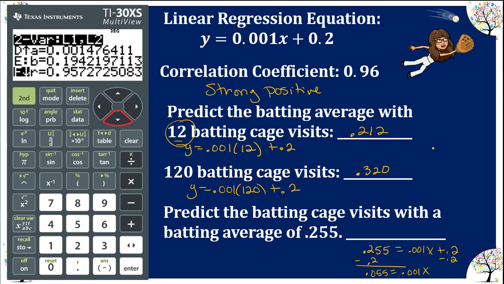Then we're going to divide. I want to come up here to show my work. So 0.055 divided by 0.001 gives us 55. So 55 visits will achieve a 0.255 batting average.